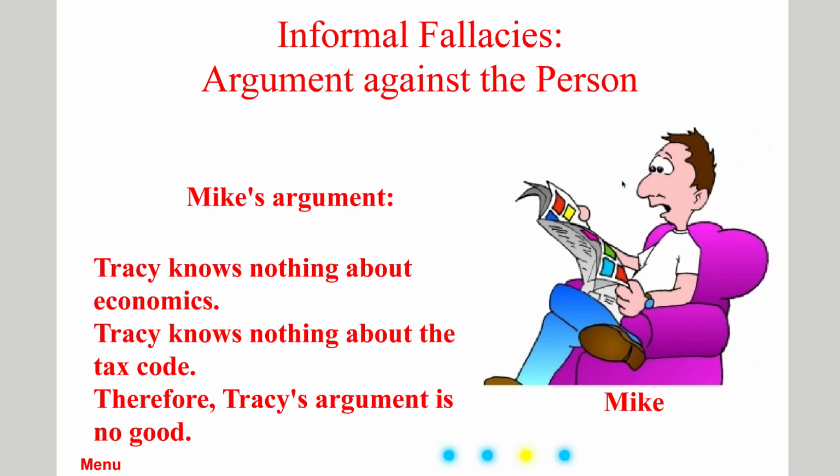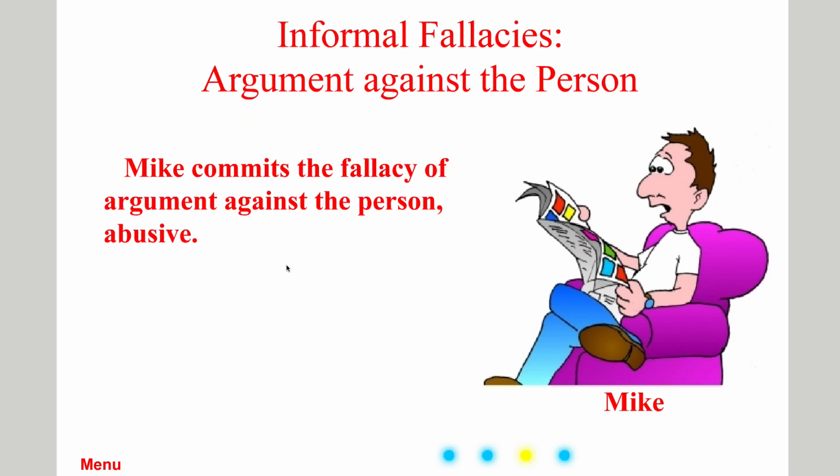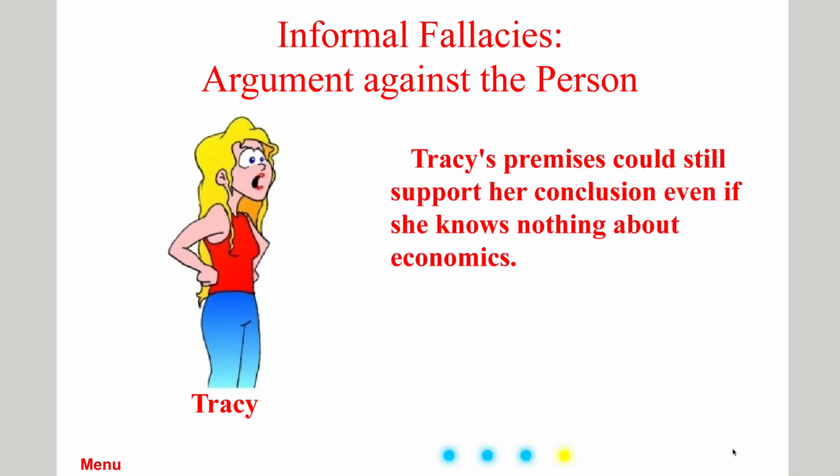Now, in some sense, obviously, those are relevant, right? Okay, if Tracy did know nothing of these things. But it is a fallacy that you have to be an expert in economics and so on to be able to know the different tax rates that the wealthy pay versus what the middle class often pays.